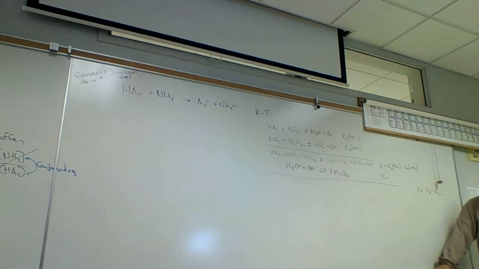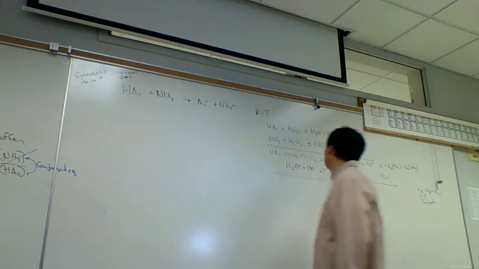The answer is no. Why? Yeah, they have to be conjugates. This only works for conjugate pairs. Acetic acid and ammonia are unrelated.